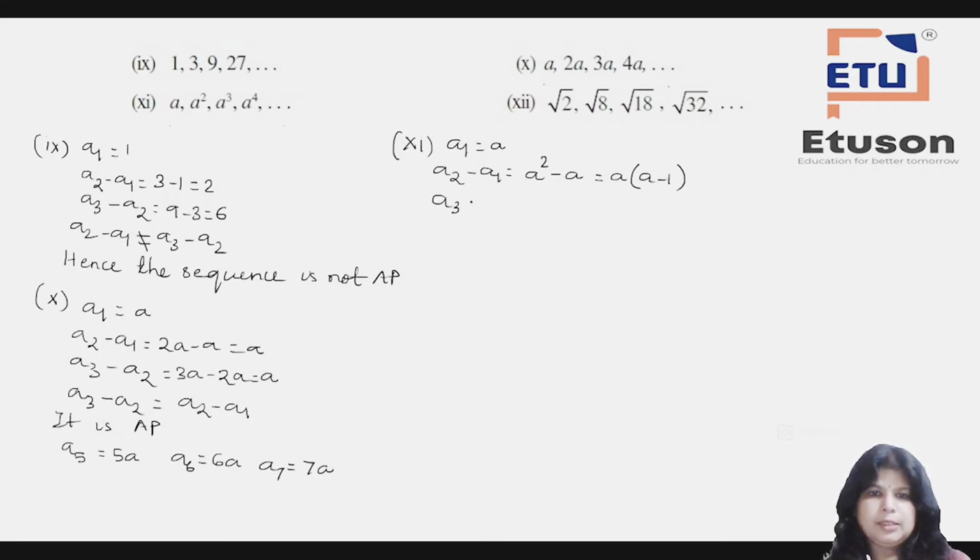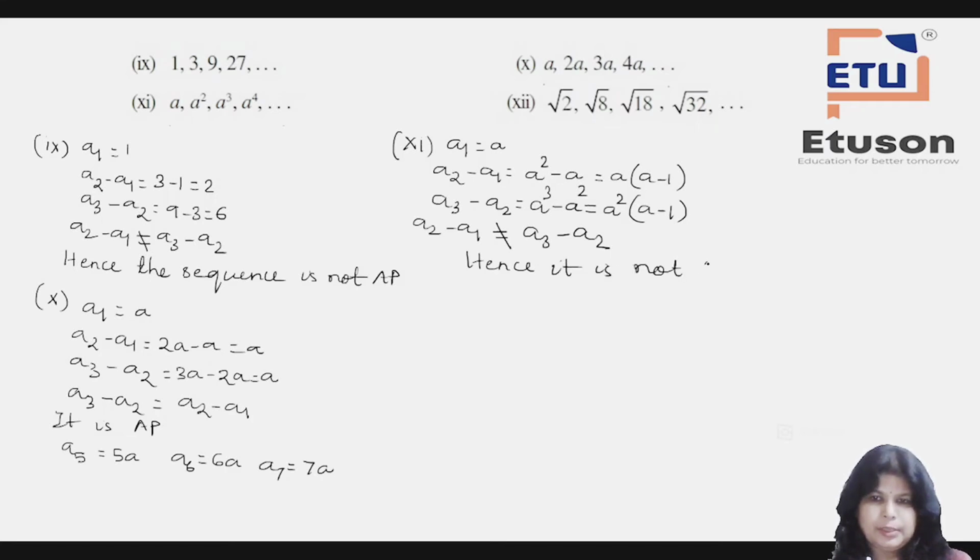If you take A3 minus A2, that will be A cube minus A square. If you take A square common, you will get A minus 1. So here you can observe that A2 minus A1 is not equal to A3 minus A2. Hence it is not AP. Right?